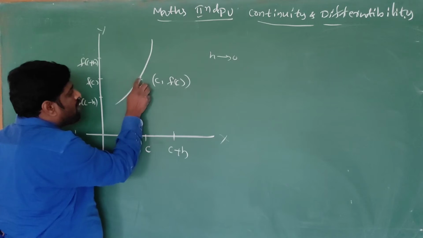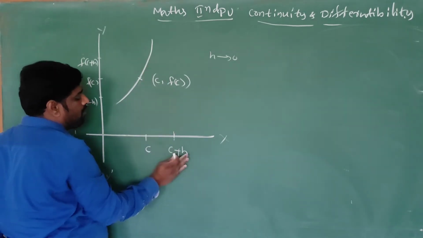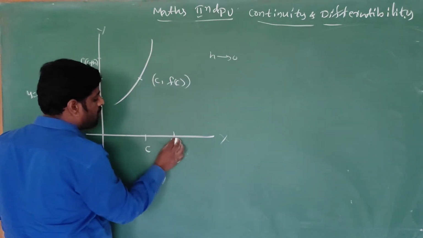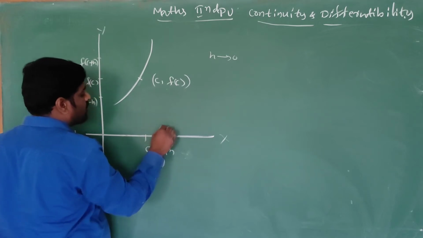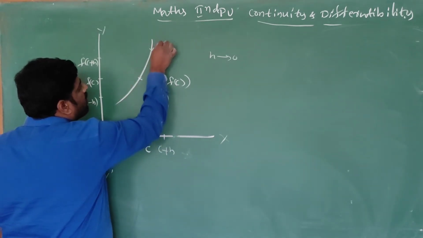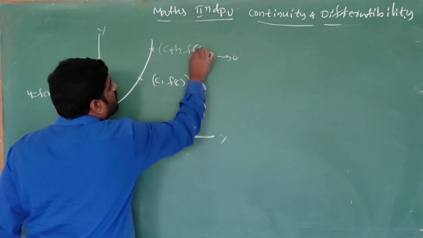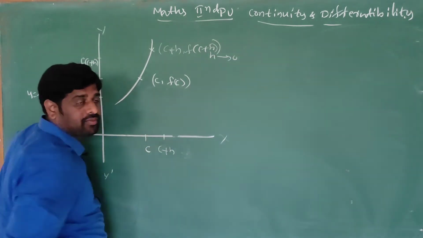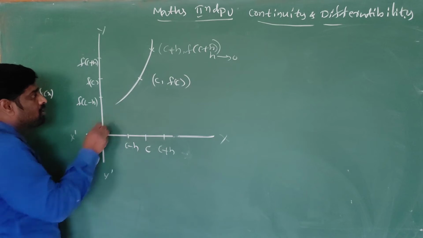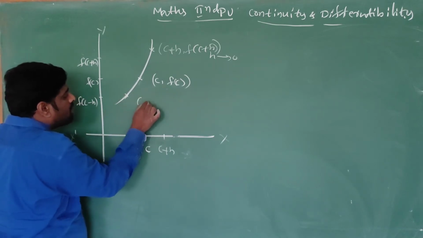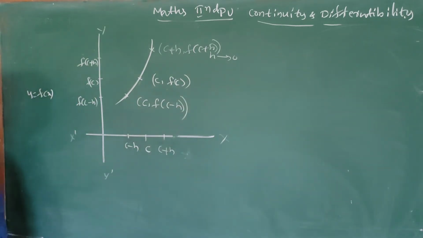This point is c comma f of c, and this point is c plus h comma f of c plus h, and again this point is c minus h. Now the function becomes c comma f of c minus h.